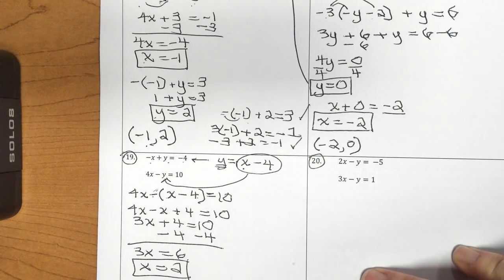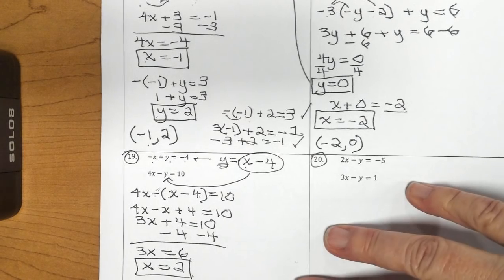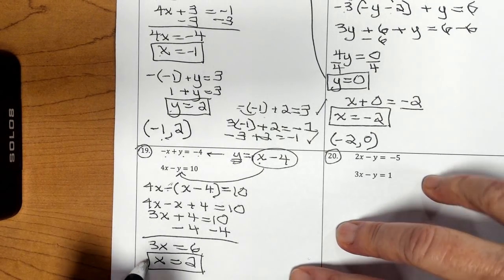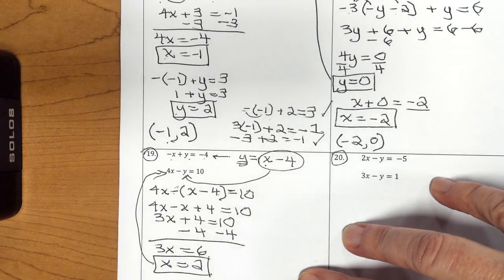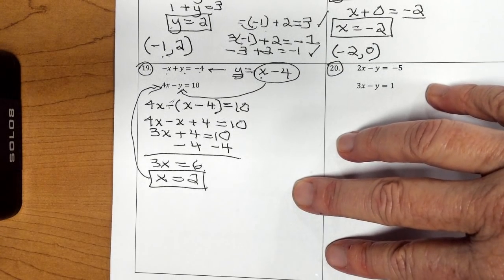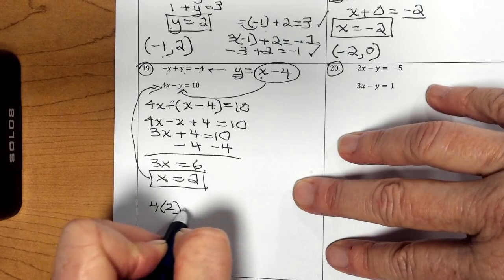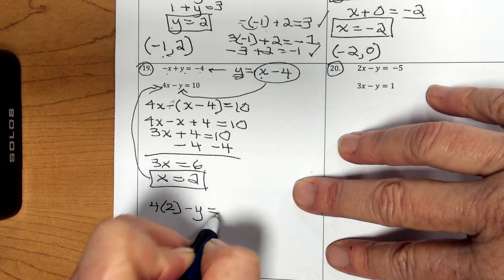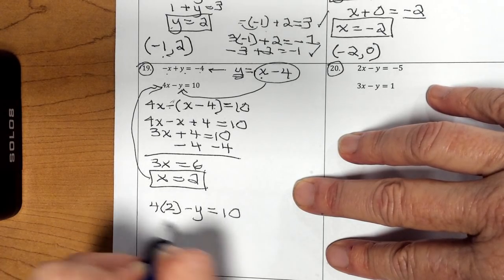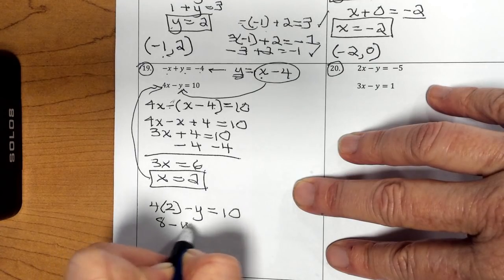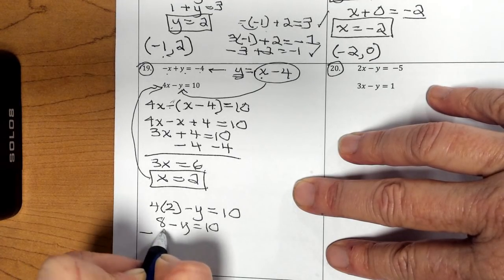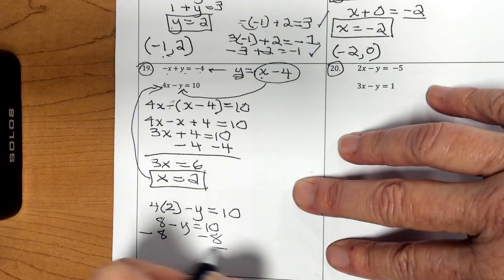Now what I need to do is use that value of x and go back in and find the value of y. Well, this time, I'm actually going to use that equation right there. So I'm going to write 4 times 2 minus y is equal to 10. This is 8 minus y is equal to 10. I'm going to take 8 away from both sides.